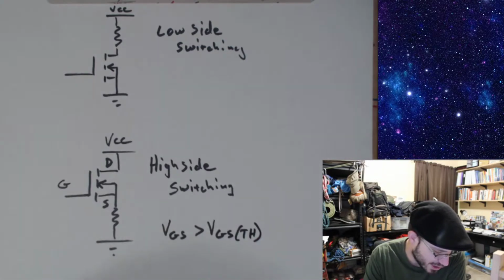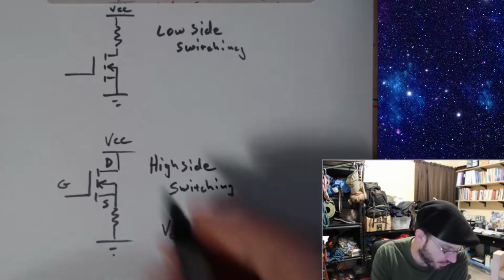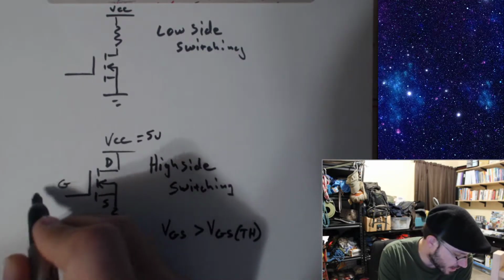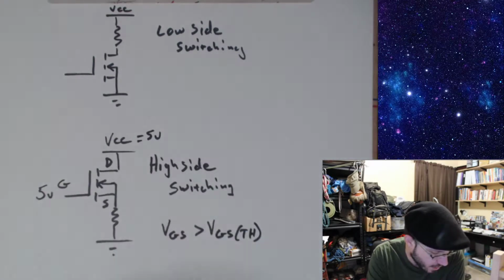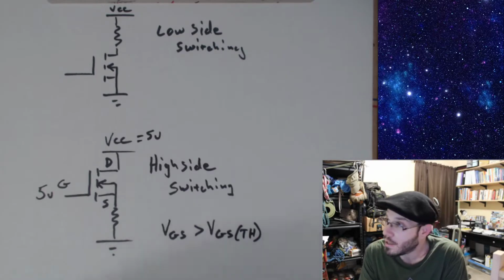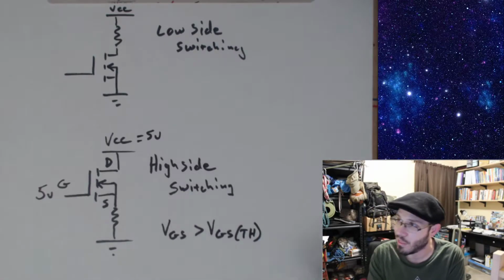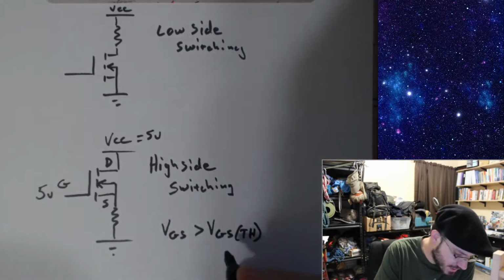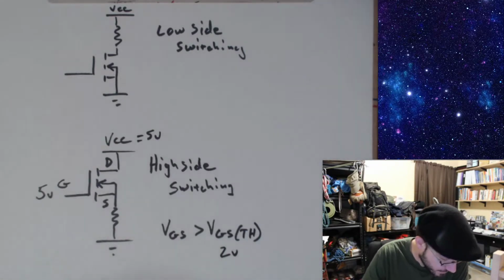So, let's just say that we're working with a 5-volt system here. We want this guy to be on, so I'll place 5 volts over here on the gate. And the gate source threshold voltage, that threshold that we need to cross in order for this MOSFET to be on, let's just say is 2 volts.